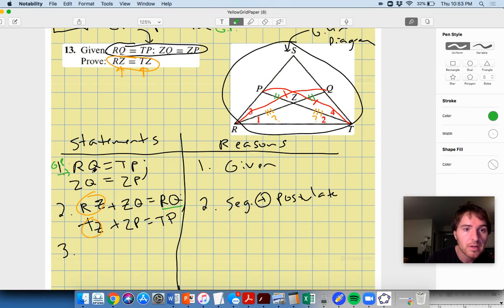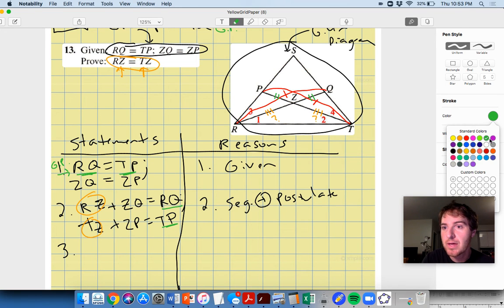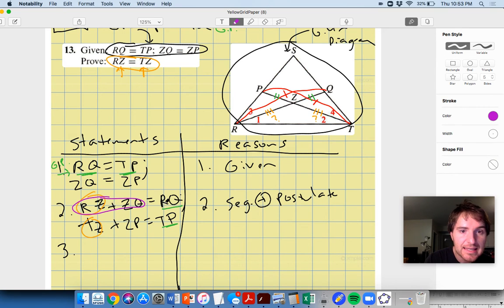RQ is right here, and TP is right here. Why is that important? Because I know that RZ plus ZQ equals RQ. So what I can do is I can take RZ plus ZQ and I can replace RQ.